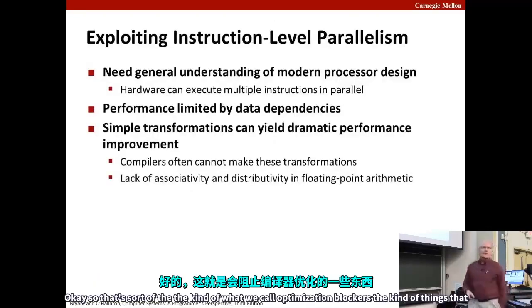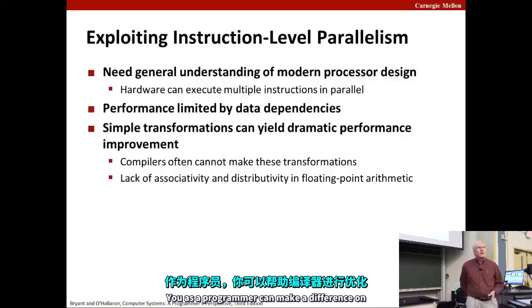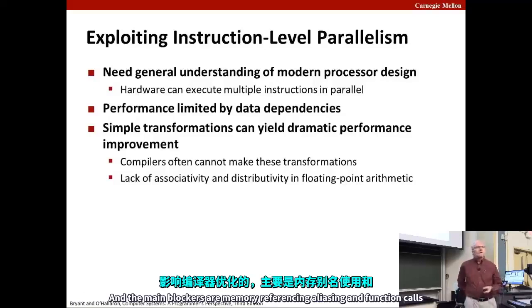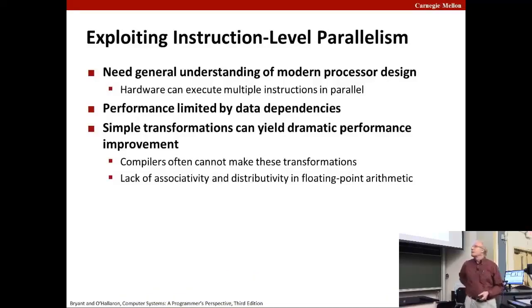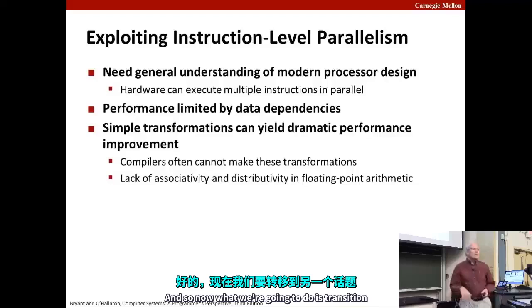OK, so that's the kind of thing we call optimization blockers, the kind of things that you as a programmer can make a difference on. And the main blockers are memory referencing, aliasing, and function calls, and understanding what might happen in that function call. So now what we're going to do is transition.